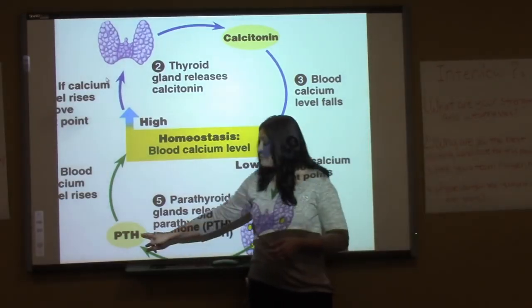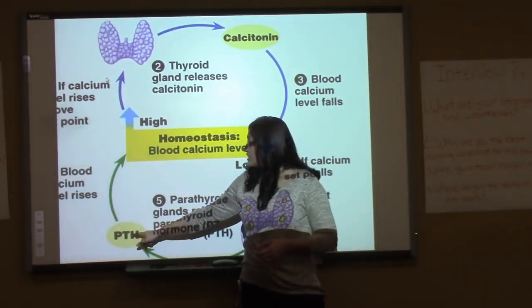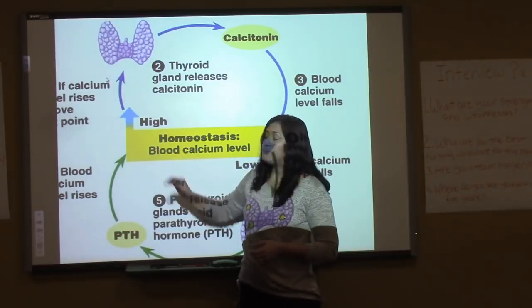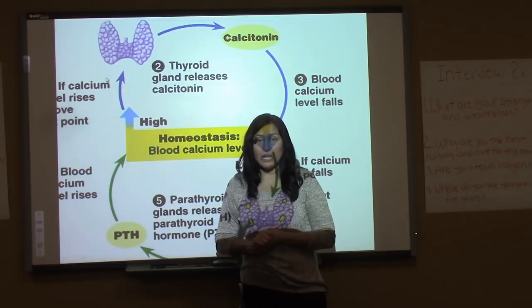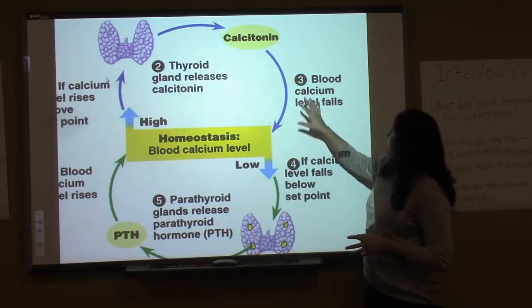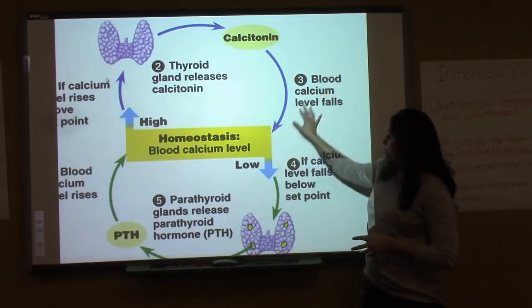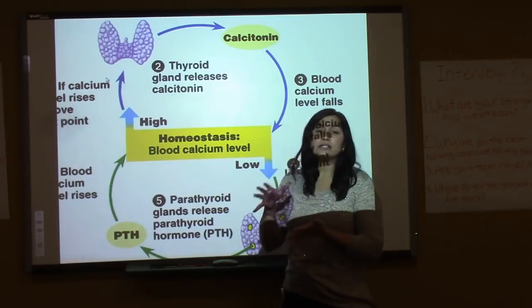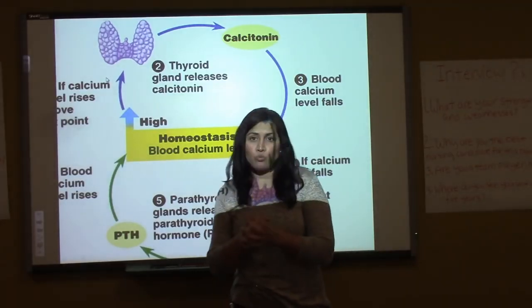Your parathyroid gland will release parathyroid hormone. That in turn will increase your blood calcium levels back up, bringing you back to homeostasis. Now what we're going to do is see exactly how calcium is brought back down and how calcium is brought back up. So how exactly do calcitonin and PTH work?